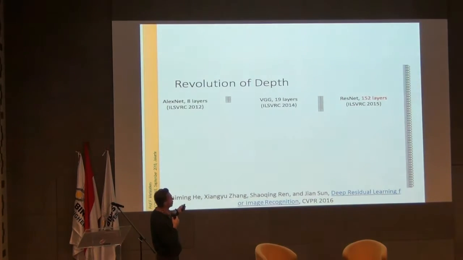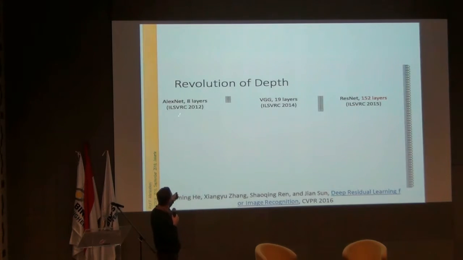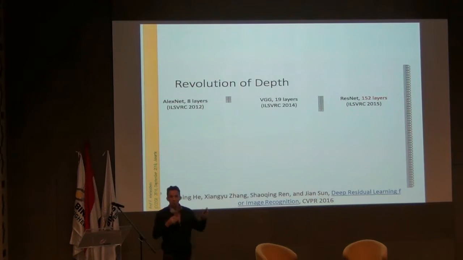I will show you. Just as examples: AlexNet 2012, VGG 2014, ResNet with 152 layers. The trick with ResNet is that if you look at the number of parameters, you have fewer parameters in ResNet than in VGG. So the dimension of the space when you do the optimization is smaller.